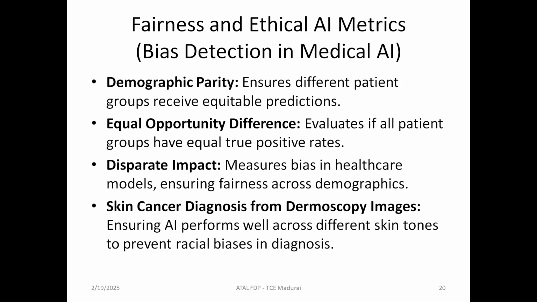So demographic parity again plays a major role in selecting the deep learning models, as well as the equal opportunity difference. It evaluates if all the patient groups have equal true positive rates. So while considering some ethical AI metrics, we carefully think about disparate impact and demographic parity as well as equal opportunity differences.